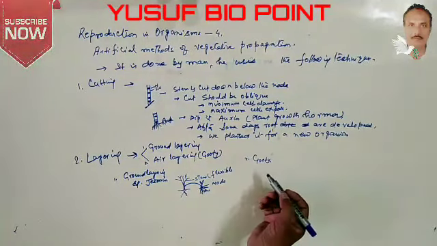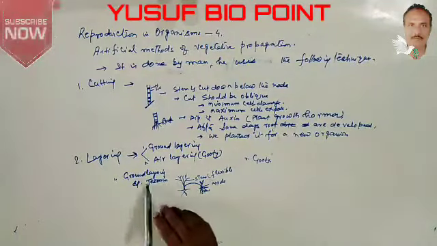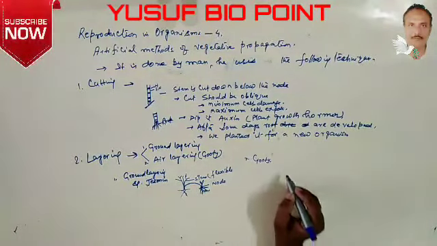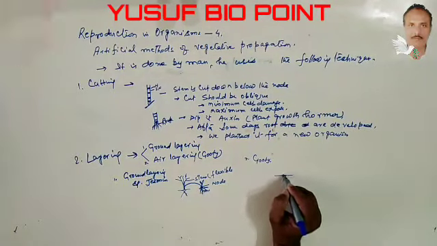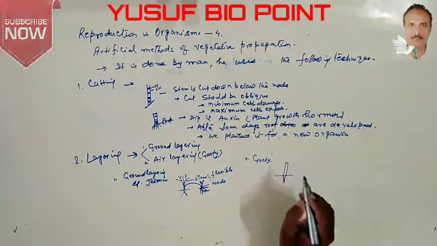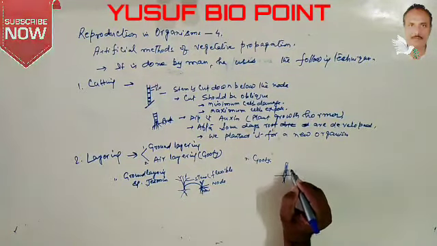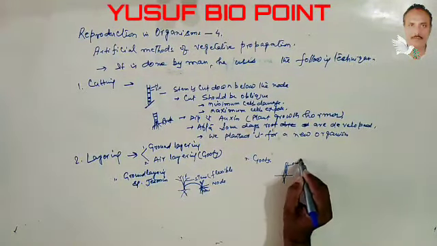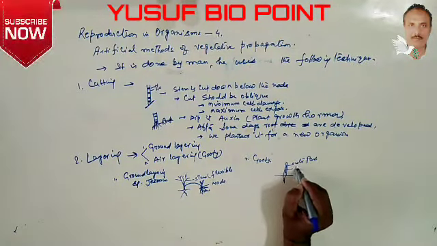Now the second method is gutti. It is also a type of vegetative propagation in which, suppose this is a plant, this is the outer part, and this is the inner part.